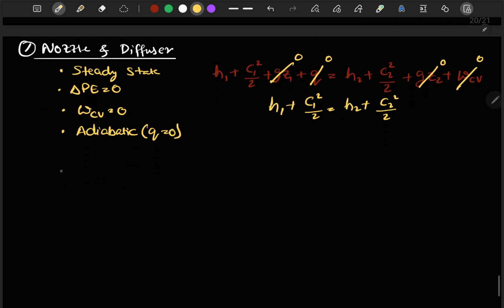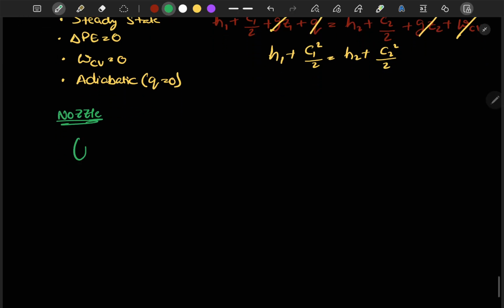Now let's consider the nozzle first. Fluid is entering from location 1 and exiting from location 2. What is the purpose of a nozzle? The purpose of a nozzle is to convert the potential energy of the water into kinetic energy.